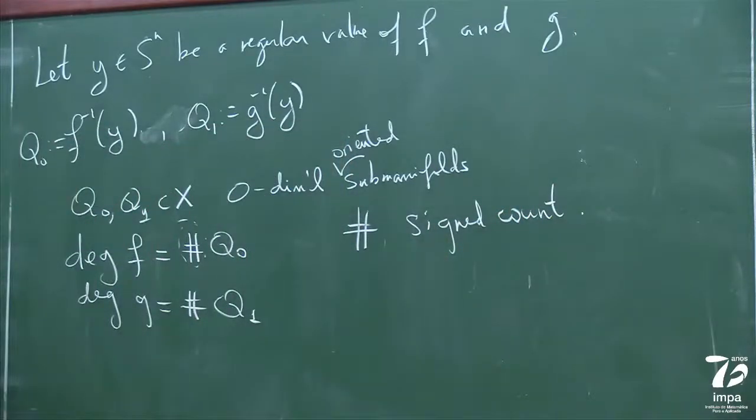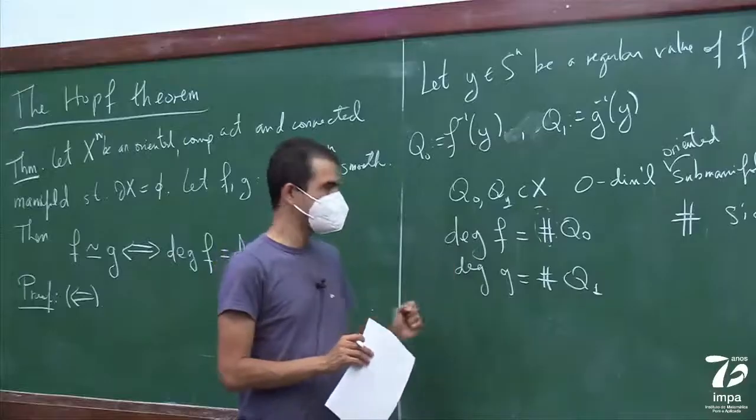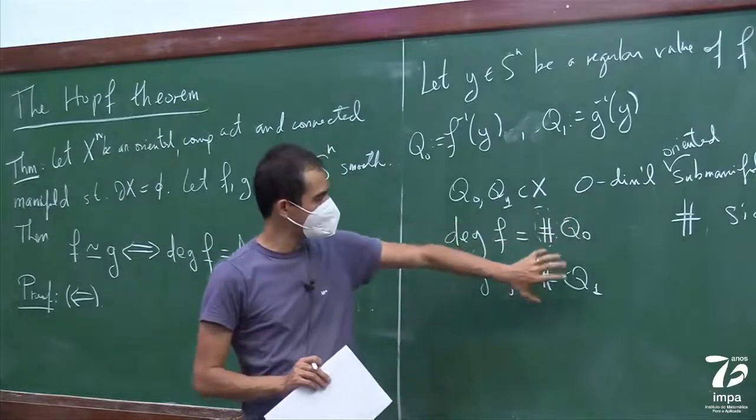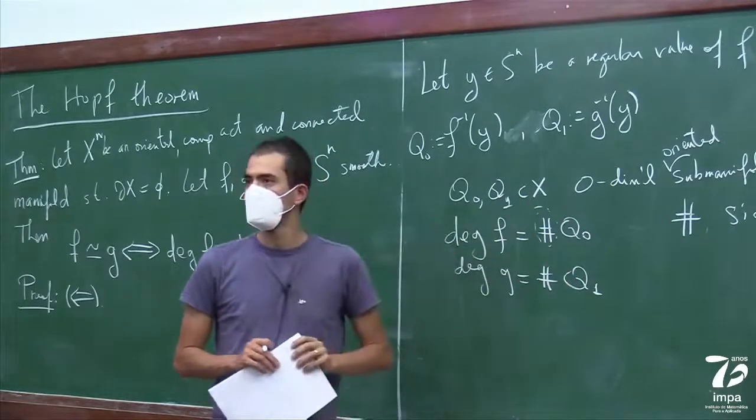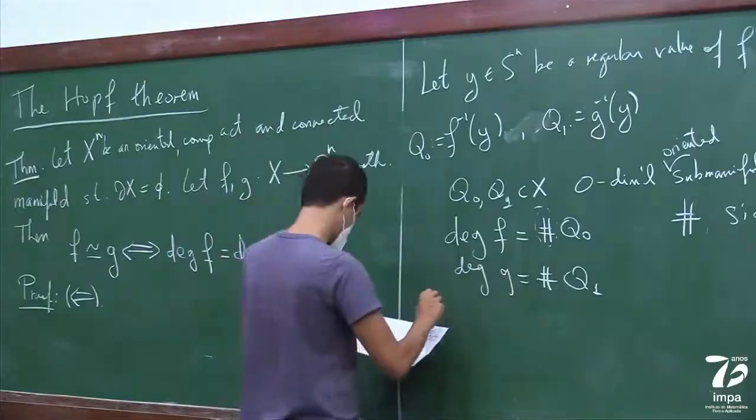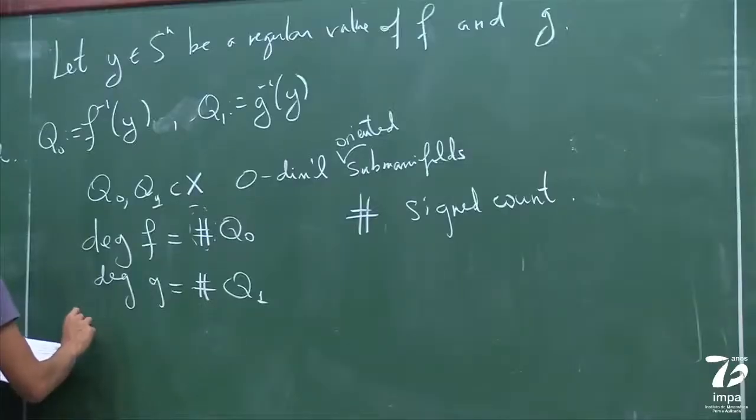Okay. So the way that the proof goes is, we're going to construct a homotopy of two different functions, an f tilde and a g tilde, that have the same submanifolds q0 and q1. I guess there are going to be three steps.